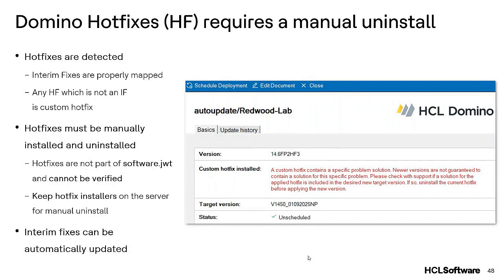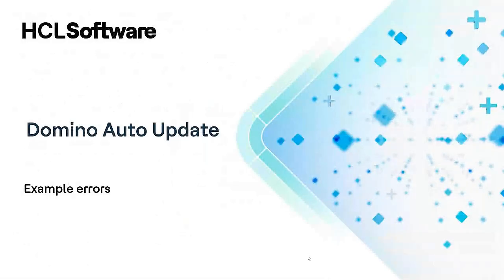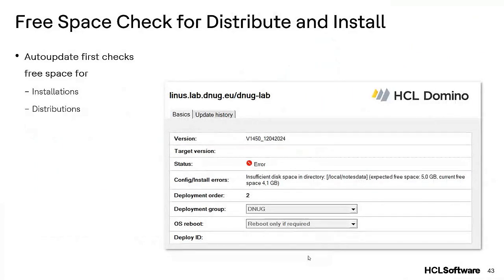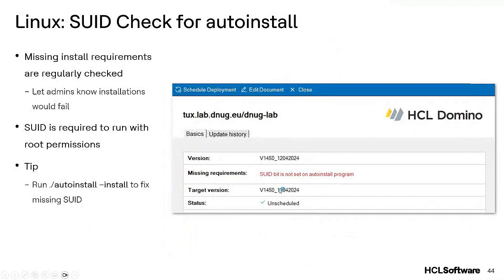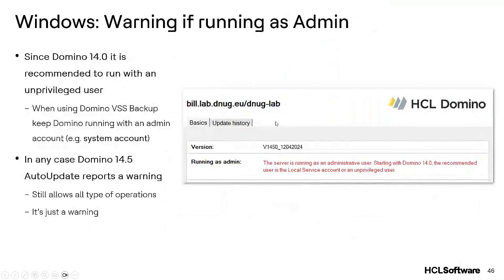I just want to mention one thing. We have additional material. We put example errors, right? Those are not problems in the software. Those are all the different kinds of things that can go wrong. And we put screenshots for almost everything, like insufficient disk space with all the details. The SUID bit set, we had that already. Here is the auto install service is not running, and all those kinds of errors.